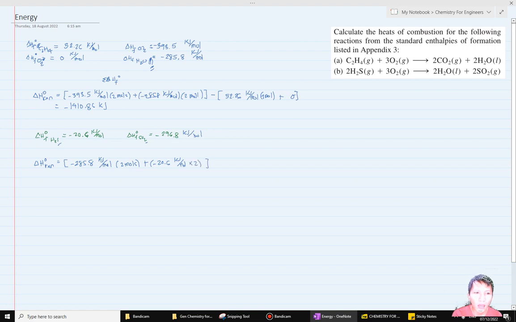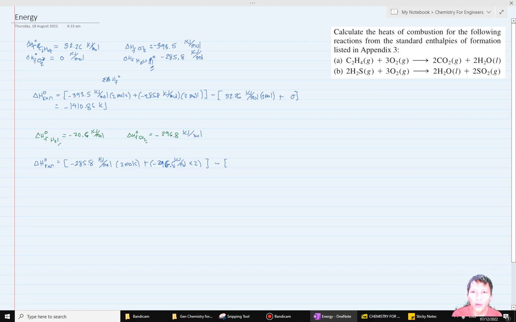So these are your products minus your reactants. Your reactants are also 2 moles of H2S. Oh, I think I was wrong. SO2 is negative 296.8.